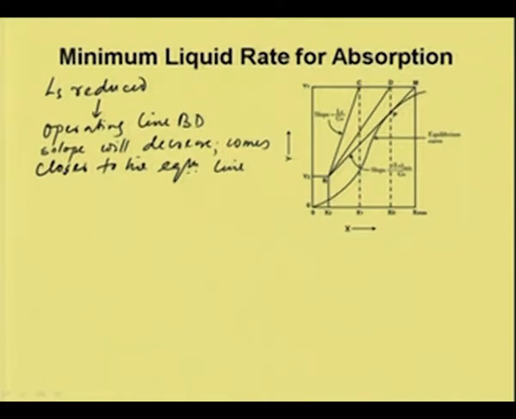So, if we reduce the liquid rate, the operating line comes closer to the equilibrium line.